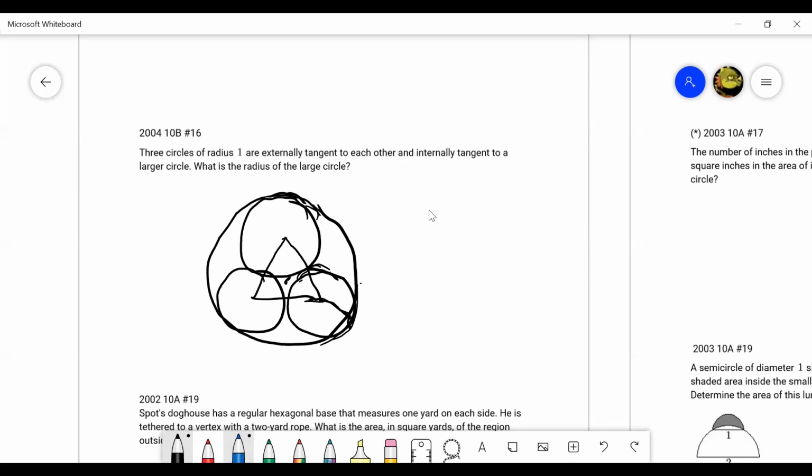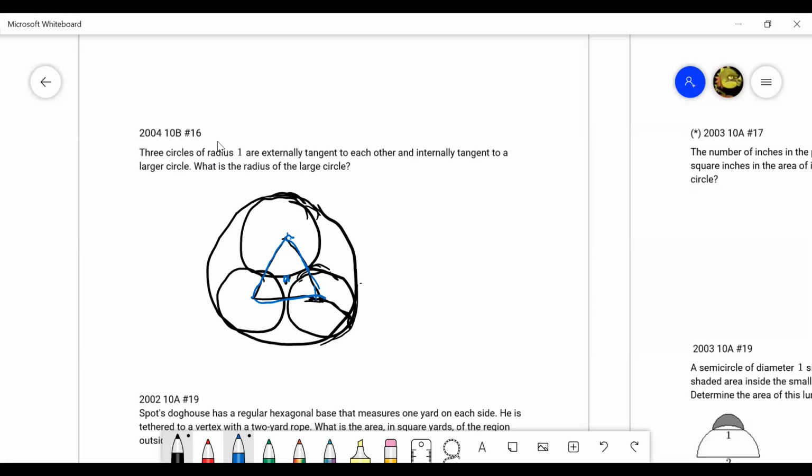And now the idea behind exploiting symmetry here is that we know each circle is the same, radius 1. So that means that the center of this circle is going to be the center of the triangle formed by the three circles. And this is because if it wasn't, then this diagram would not be symmetric, which doesn't make sense because there's no indication from the parts of the problem that it would not be symmetric.